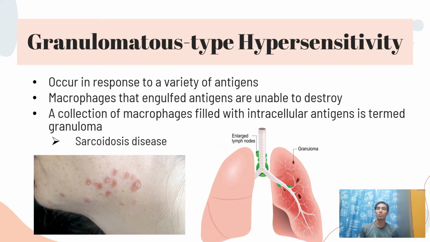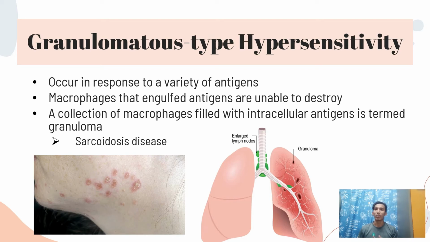Granulomatous type hypersensitivity can occur in response to a variety of antigens. Macrophages that engulf antigen are unable to destroy them and recruit several more macrophages to the site of these antigens. A collection of macrophages filled with intracellular antigen is termed a granuloma.